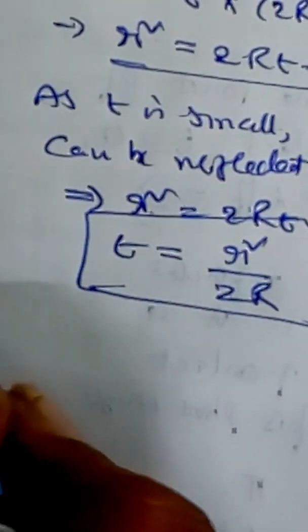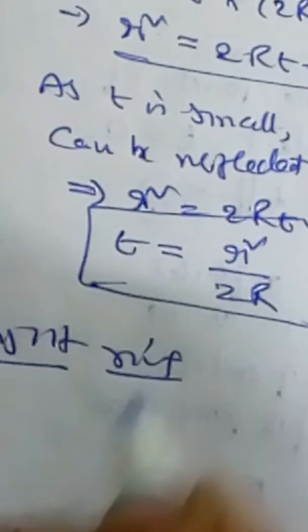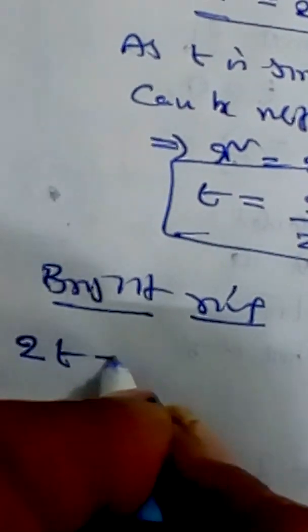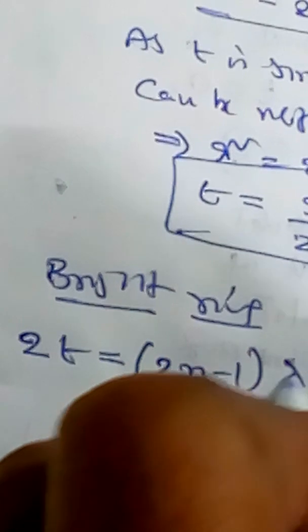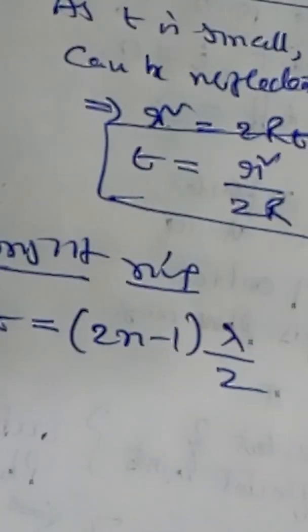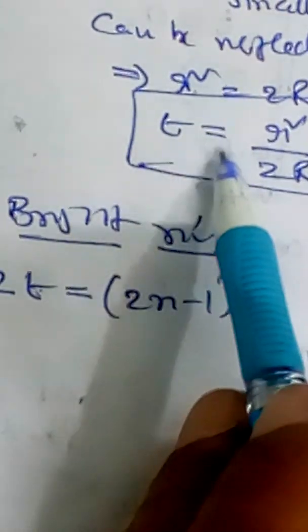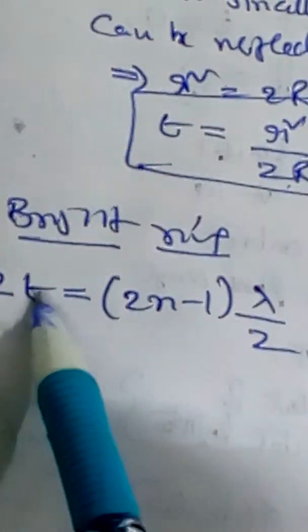Now take the bright ring or bright fringe. So what is the condition for that? It says 2t is equal to (2n minus 1) into lambda by 2. Right? Here for t you got this value. Substitute r square by 2R for t here.